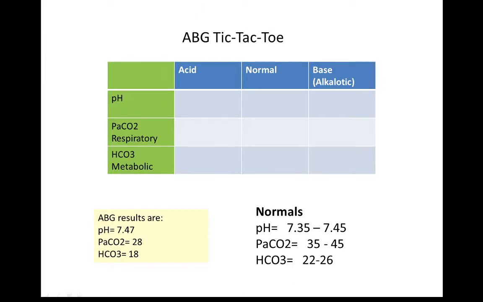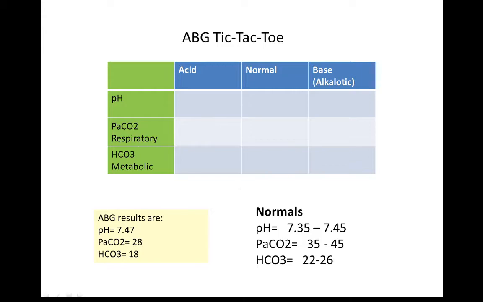So let's work one of these problems together. The blue part of this table actually represents your tic-tac-toe board. If you just think about these lines, you could draw your own tic-tac-toe board right now.